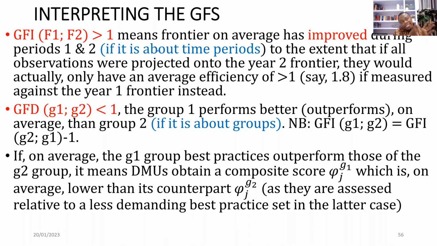Let's say that 2019 frontier is frontier 1, year 1, and 2020 frontier is frontier year 2. We can say that the frontier deteriorated, or the industry of firms decreased their frontier.